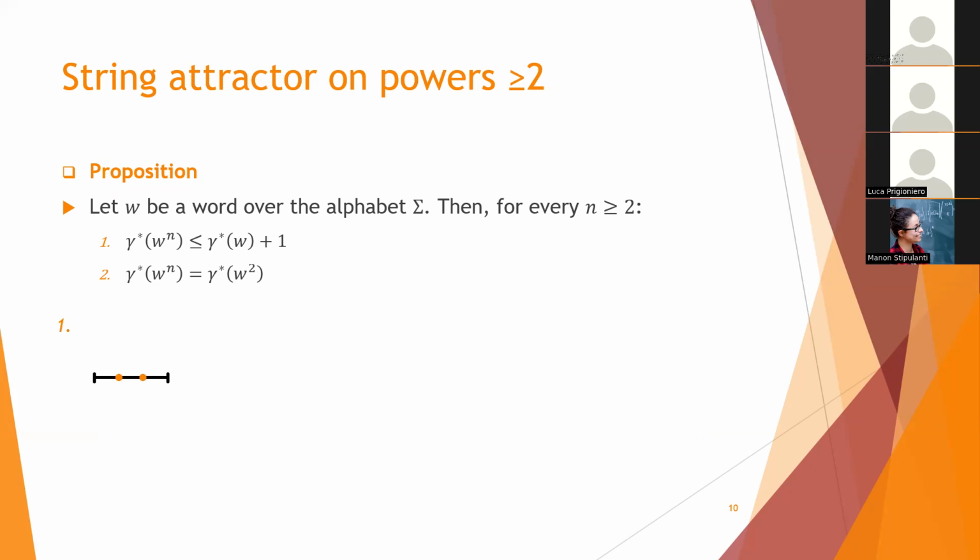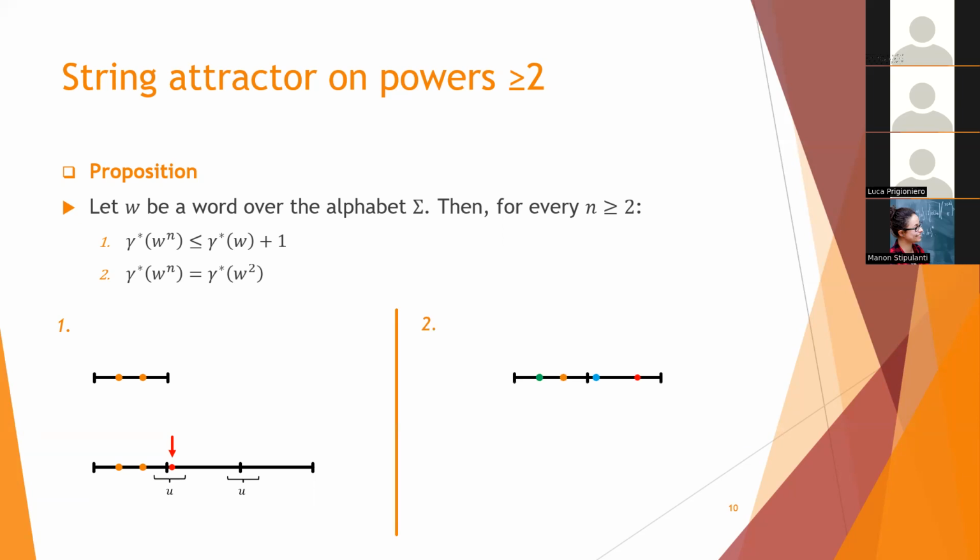Just to give you a hint on how we prove that. For the first, we showed that with respect to the root in any power, we can keep the same positions in the first occurrence, and in order to cover those factors that cross two or more consecutive occurrences of W, we just pick a position in the concatenation.